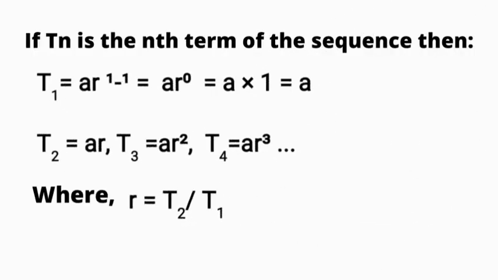If t subscript n is the nth term of the sequence, then t subscript 1 is equal to ar raised to power 1 minus 1, which is ar raised to power 0, and that gives us a times 1, which is a. Any number raised to power 0 is 1. T2 is equal to ar, T3 is equal to ar squared, T4 is equal to ar cubed, where r is T2 over T1.